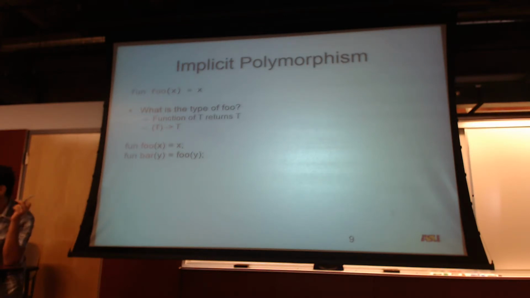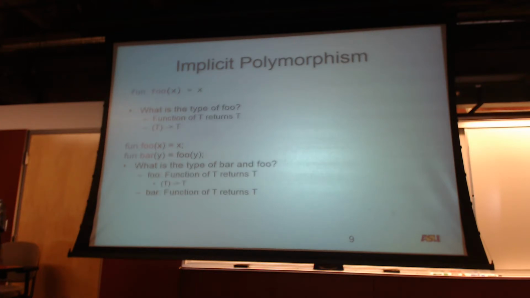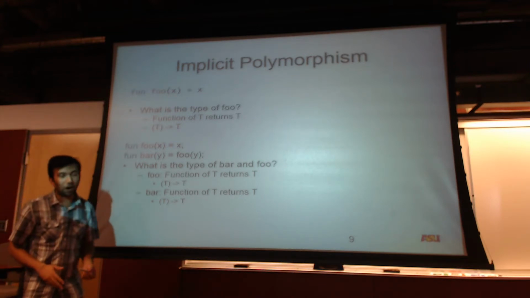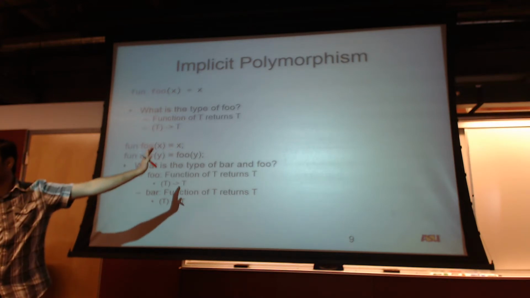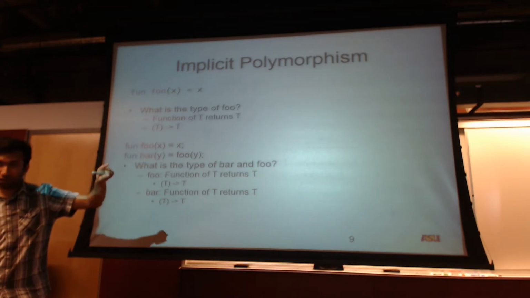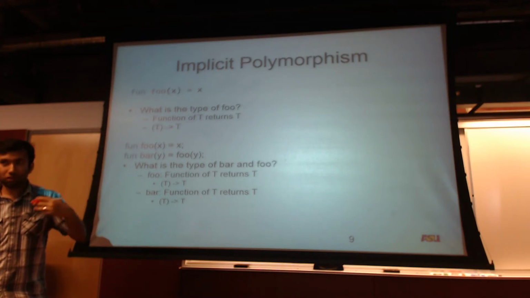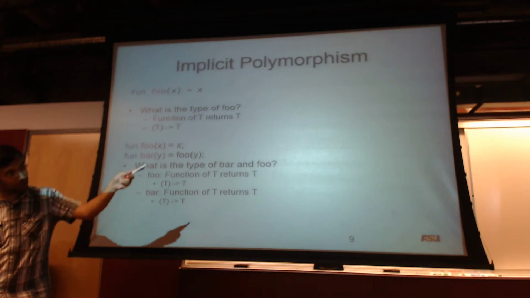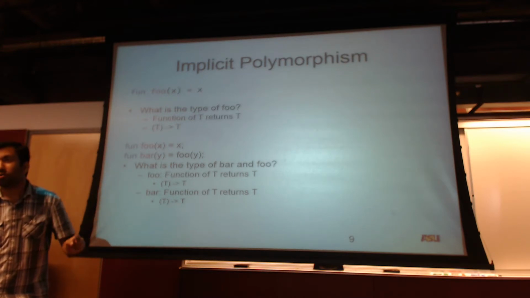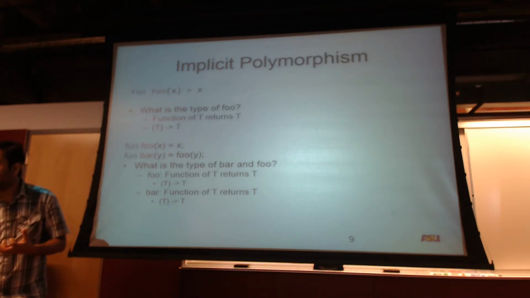So by just writing these functions, we can argue that foo has this type, and the type of bar is the same as the type of foo. We didn't declare any types. We didn't declare the type of x, foo, y, or bar. But by writing these two lines of code, we can extract the type of foo as well as the type of bar.